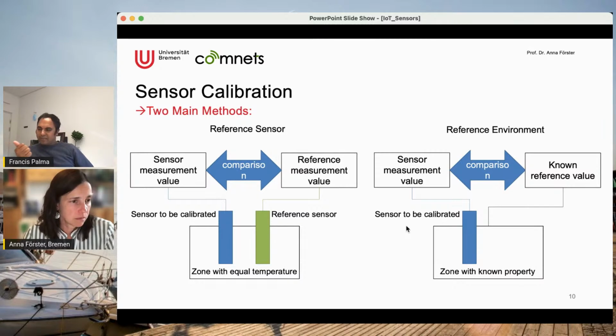There was a related question: can someone recalibrate a sensor to work on different voltages? No, the calibration has nothing to do with the input voltage of the sensor.